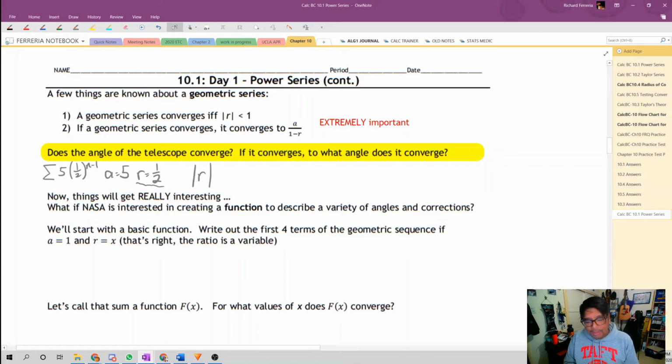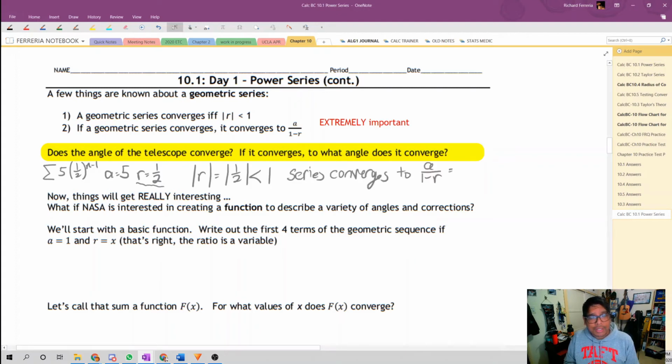Because if the absolute value of the ratio, which is the absolute value of 1/2, is less than 1, then that series is going to converge. And of course, the absolute value of 1/2 is less than 1. So this series does converge.